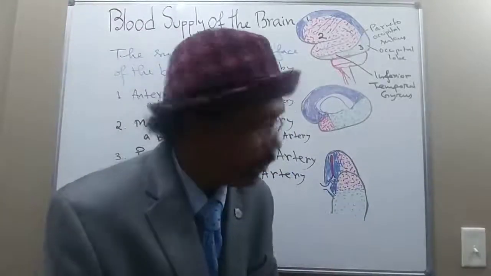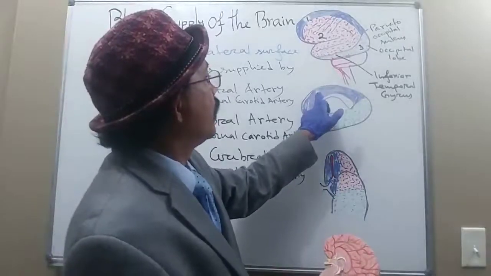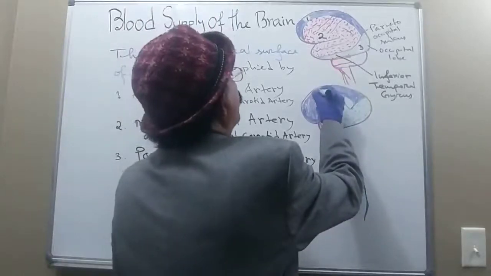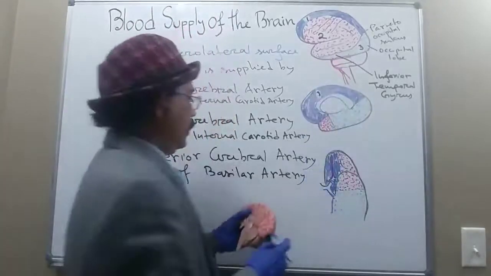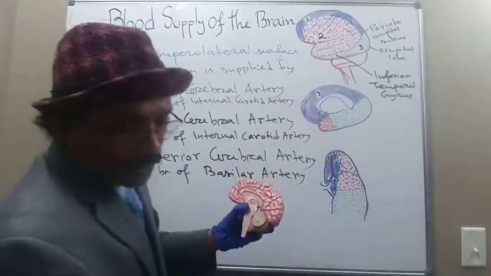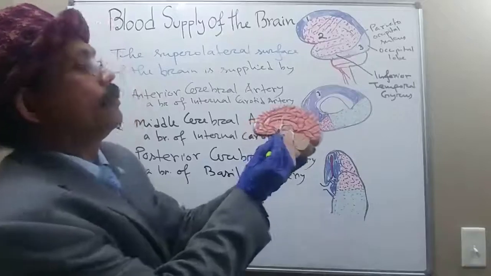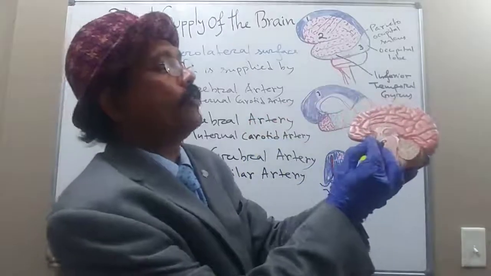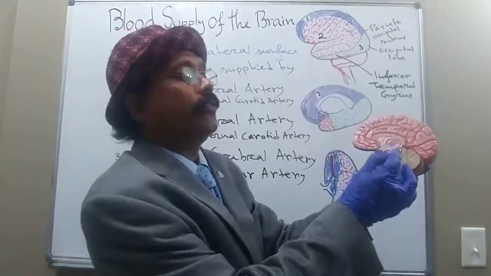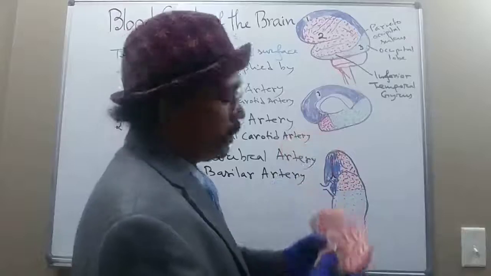This is the anterior cerebral artery, we can make it 1. I'm showing it here. It passes over the corpus callosum in the callosal sulcus.